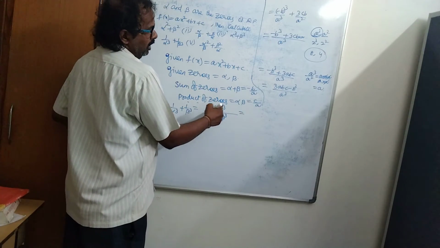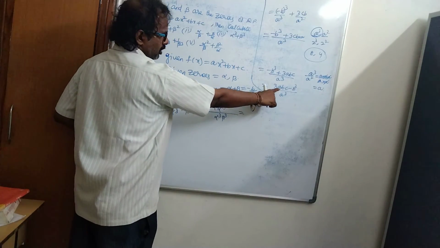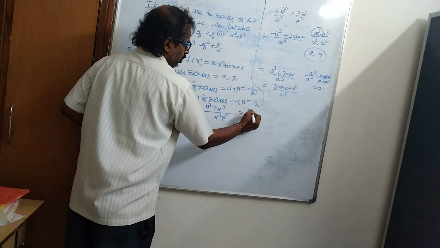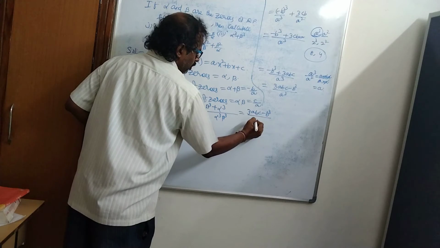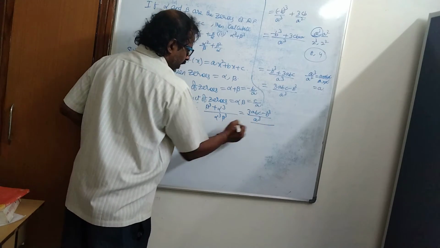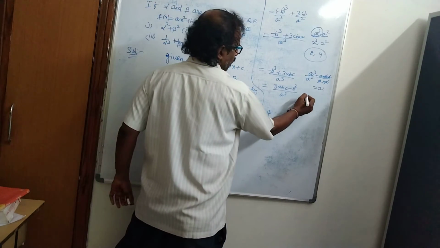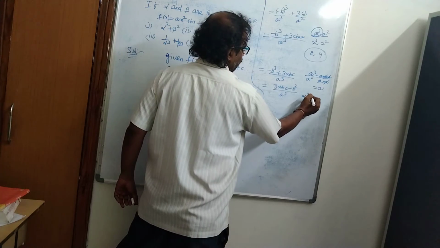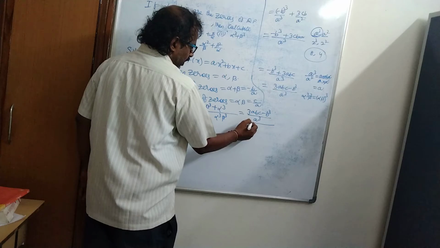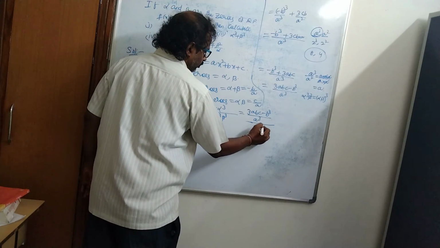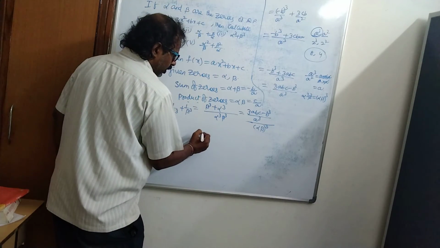Now beta cube plus alpha cube is nothing but, this is what we have to write, 3abc minus b cube by a cube, over alpha cube beta cube, which is nothing but (alpha beta) whole cube.